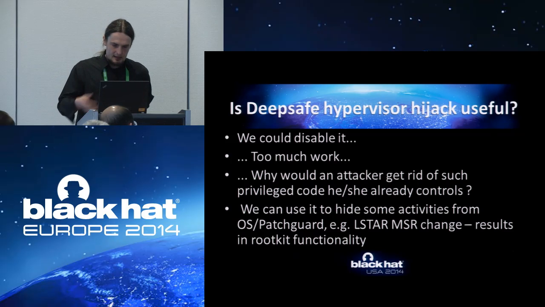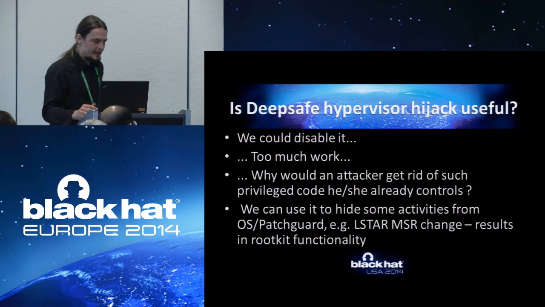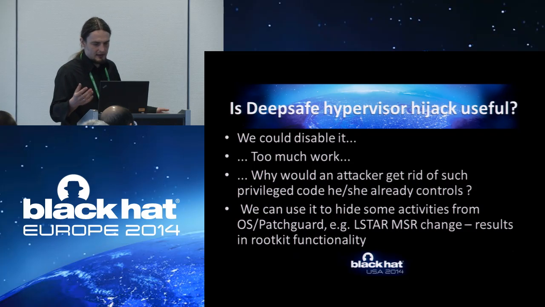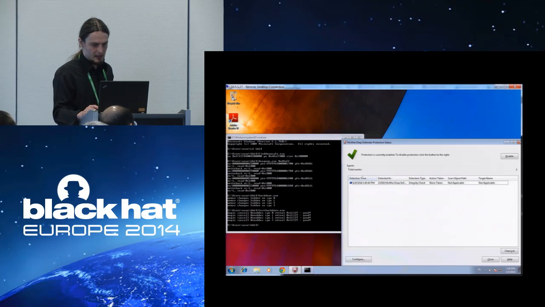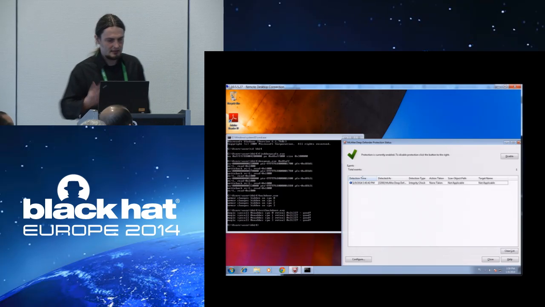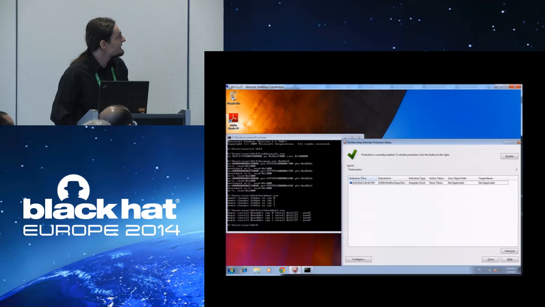The effect is that I can disable all the PatchGuard functionality running in the VM without even touching the VM memory. So that's a very short demonstration of how it looks. I don't know how to make a good demonstration. It's just a matter of running a simple exe and seeing that it works.